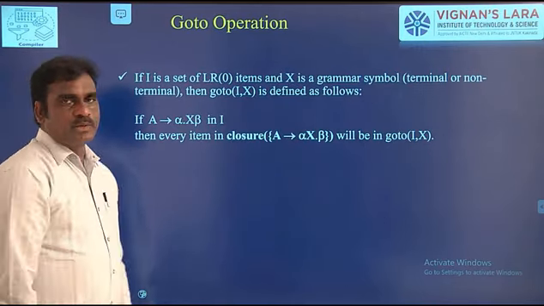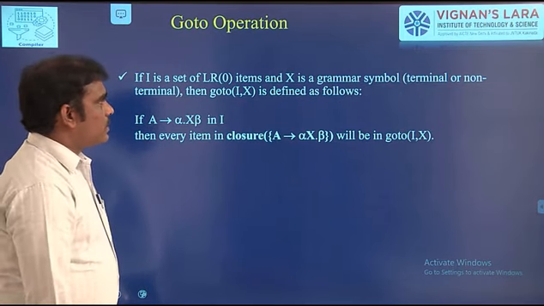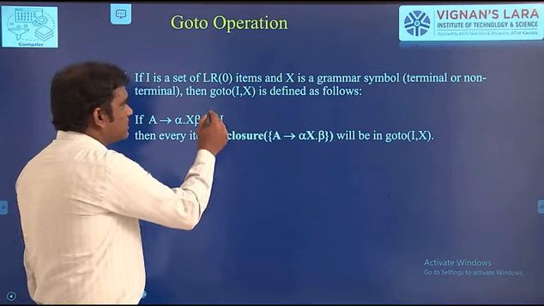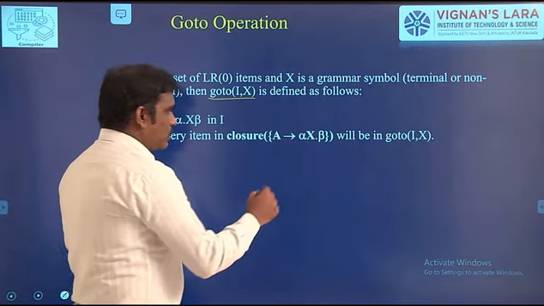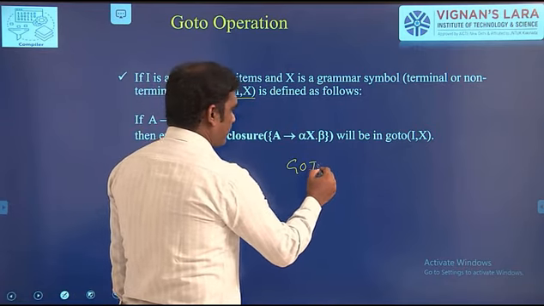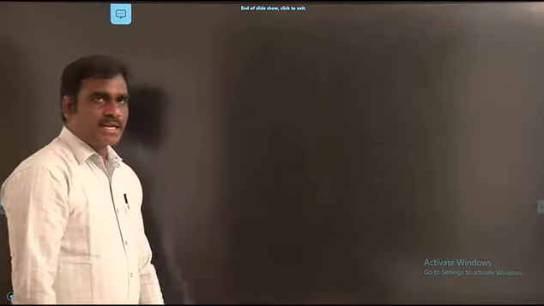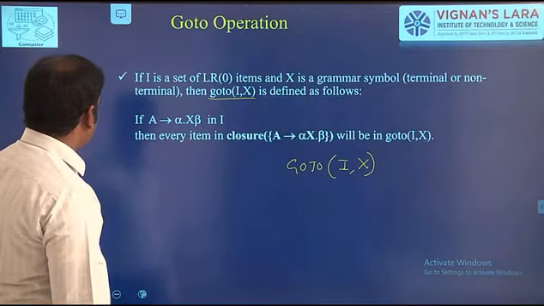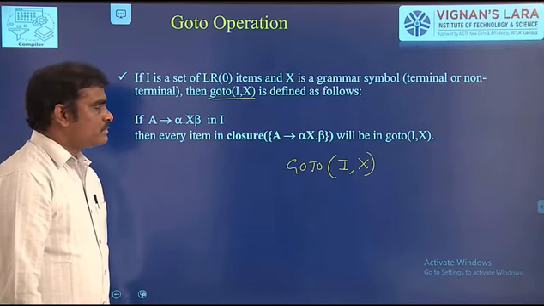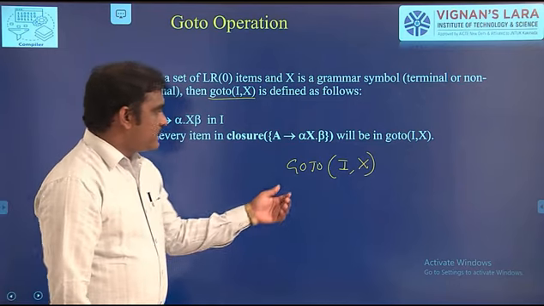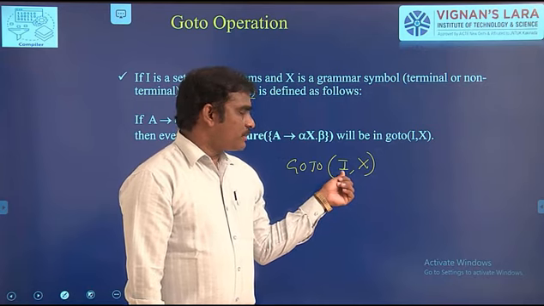And the second operation is the goto operation. Here goto takes two parameters as input: goto of I comma X. What is the first parameter, I?